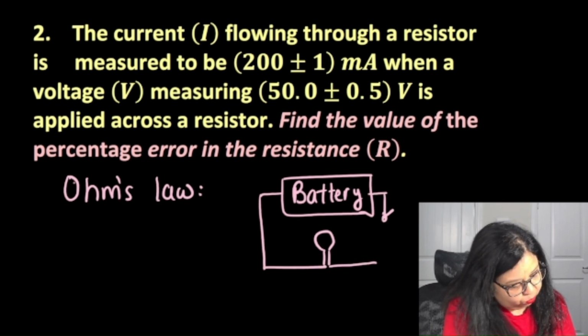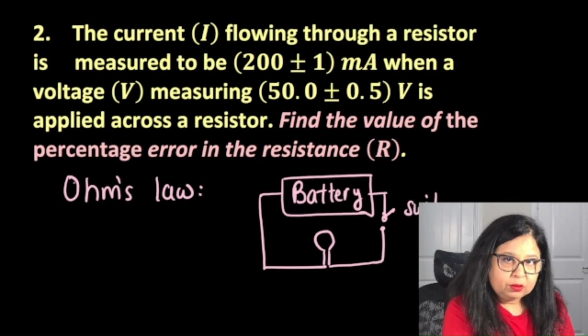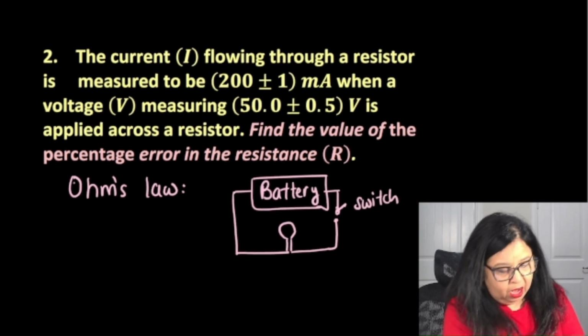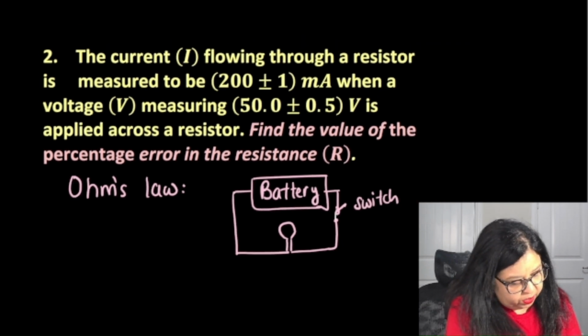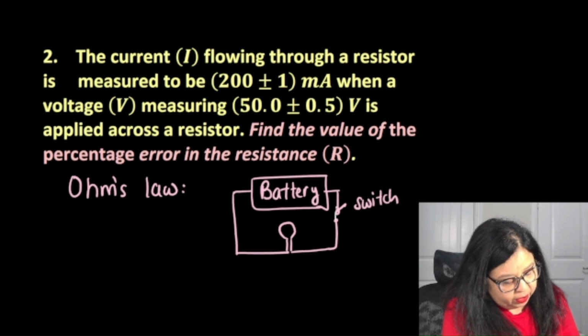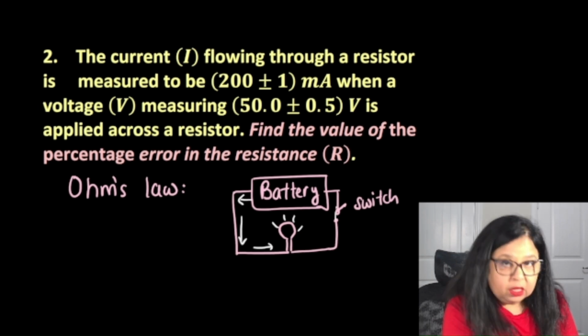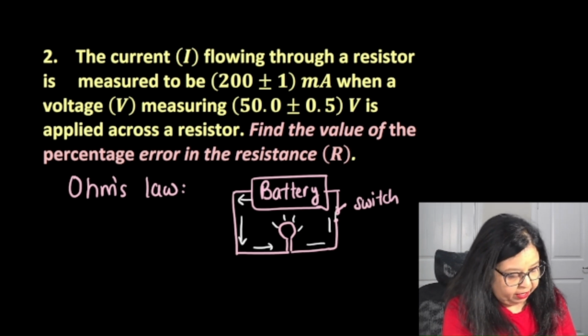And let's say this is the switch over here. Okay. This is the switch. Now, when you close the switch, what will happen is that current will flow out of this battery into the bulb, and the bulb is going to light up, right?